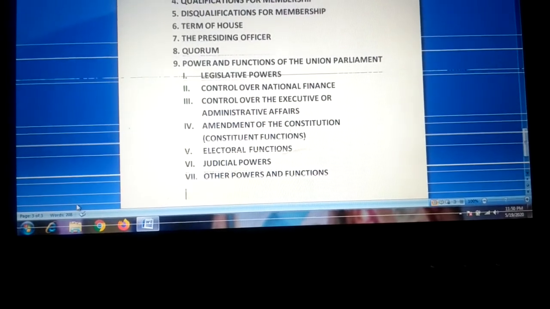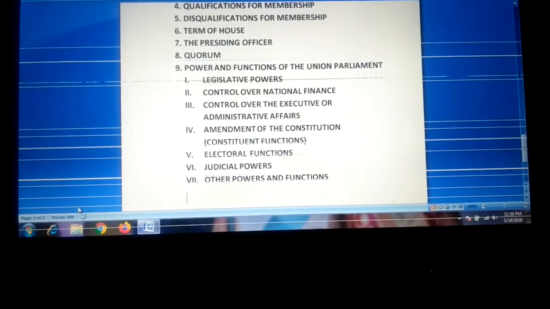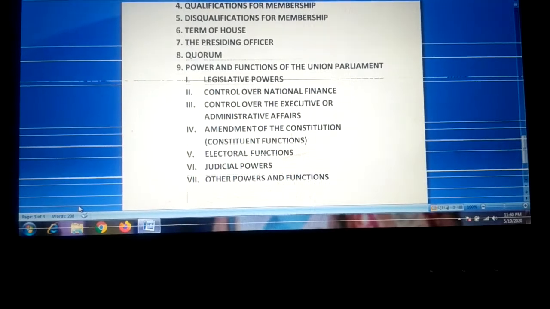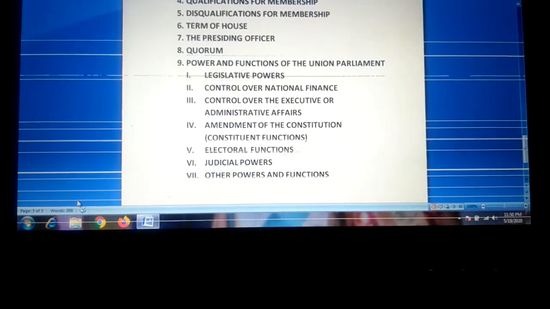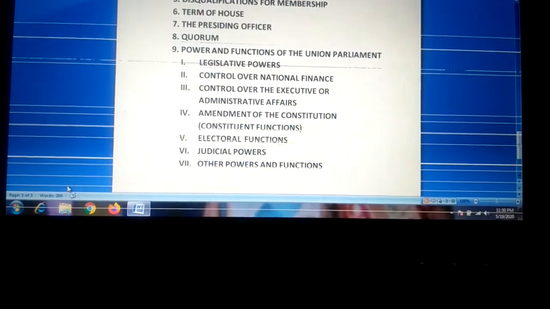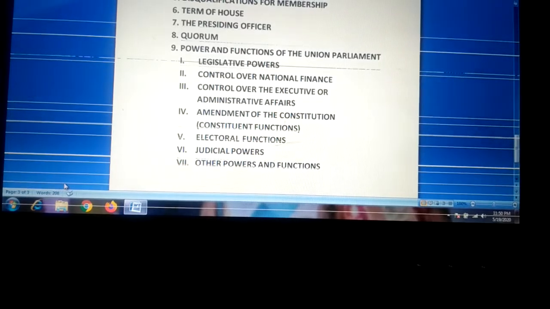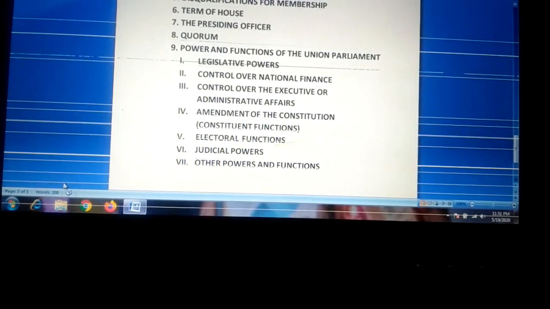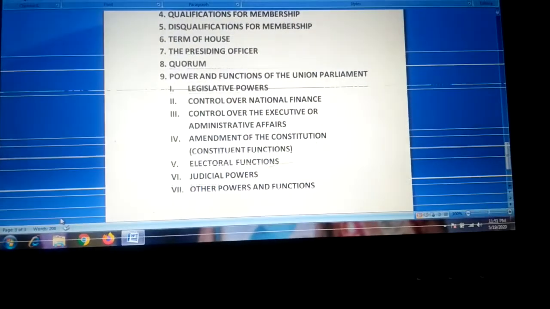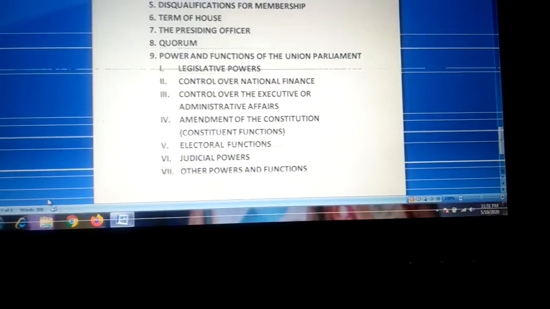You don't need to learn anything here, but question hour, interpellation, very important, question hour, adjournment motion, very important, adjournment motion. These two you have to learn out of these 4 under control over the executive or administrative affairs. The first 2 you have to learn very carefully. This question can come in your exam.